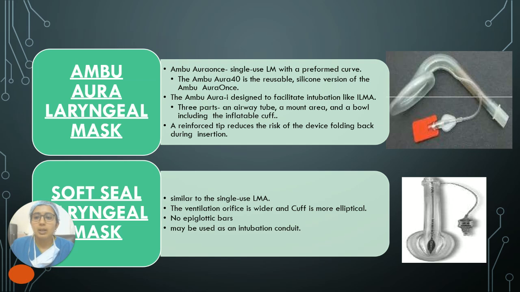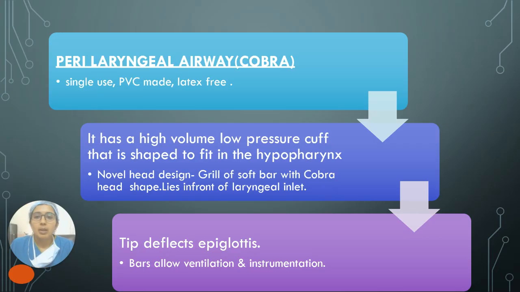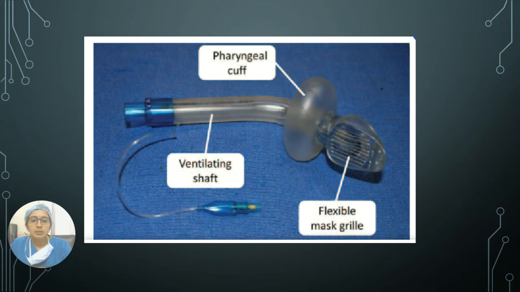Then the soft seal laryngeal mask. Perilaryngeal airways or the Cobra, it is in the shape of a cobra neck. LMA, pharyngeal cuff, ventilating shaft and a flexible mask grip.